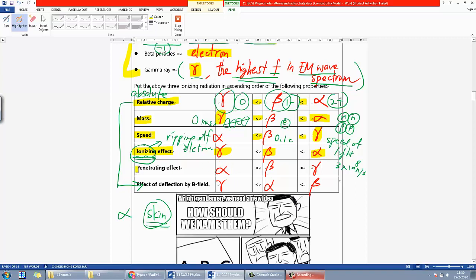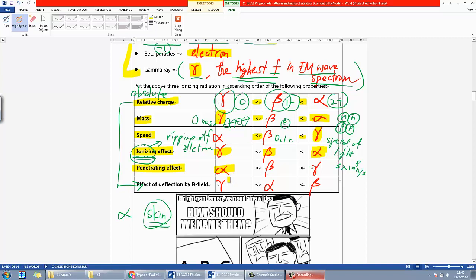On the other hand, the penetrating effect is in fact opposite. You can imagine that all three have limited energy when they try to ionize something. So alpha can ionize heavily, but it cannot travel for too long, because in a short distance it has already ionized so much that it cannot go far.